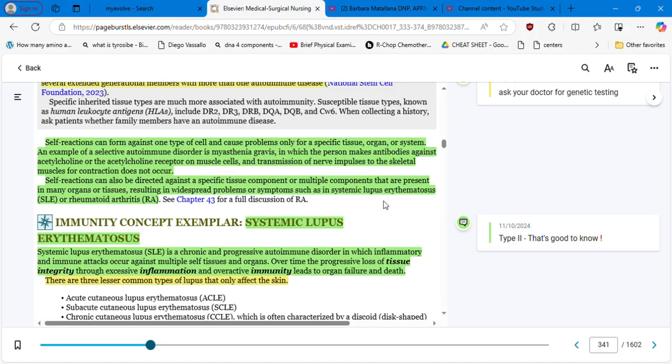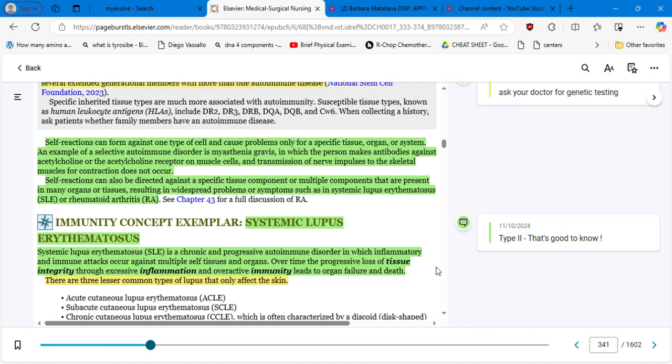Multiple components that are present in many organs or tissues, resulting in widespread problems, of course, because there are many organs or tissues, or symptoms such as in systemic lupus erythematosus or rheumatoid arthritis.